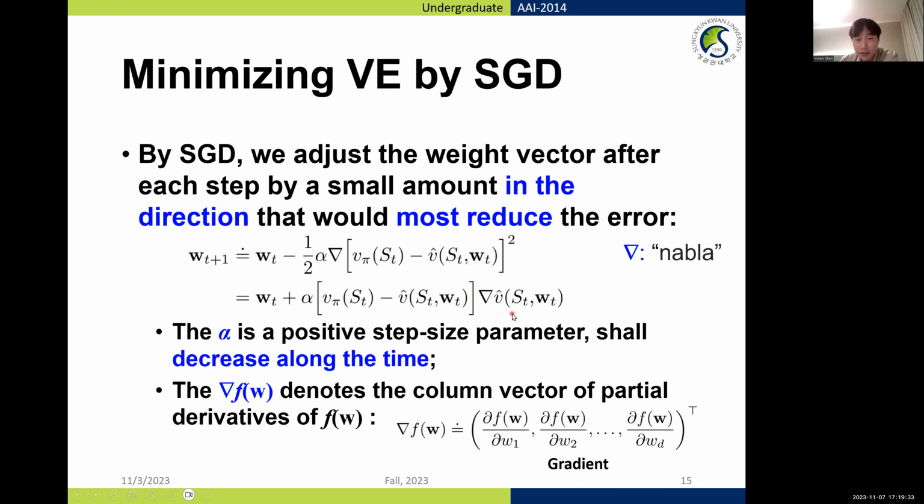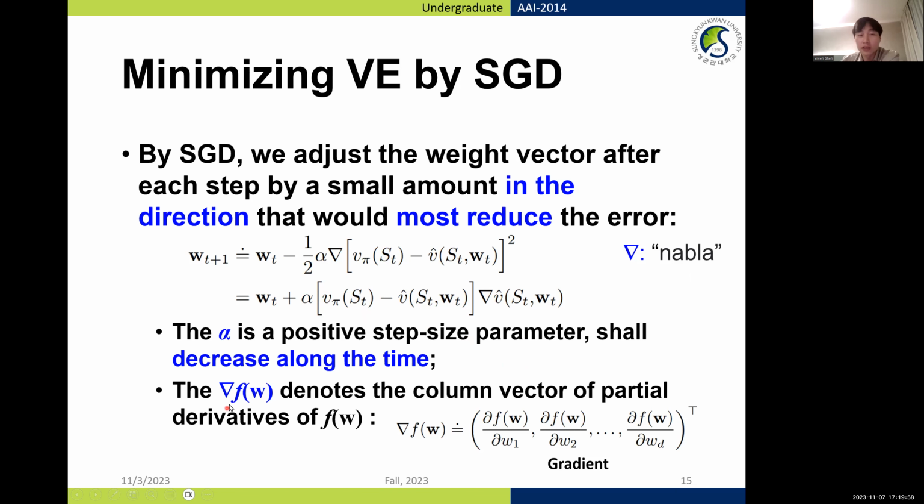So alpha is a positive step size parameter that should decrease along time. Alpha is the learning speed, right? Initially it can be large, but later it will be reduced, to avoid a less optimal solution.